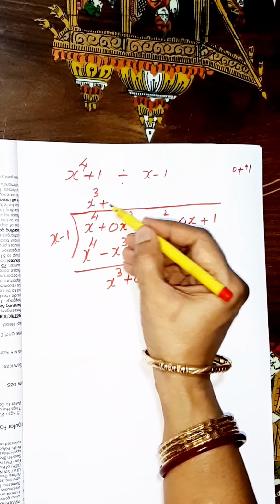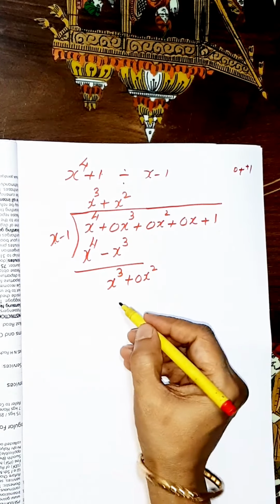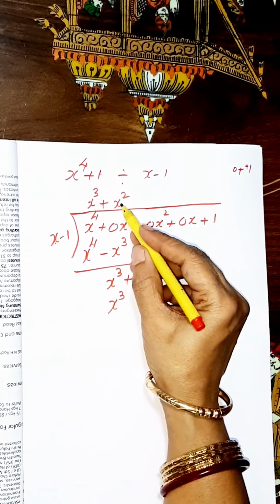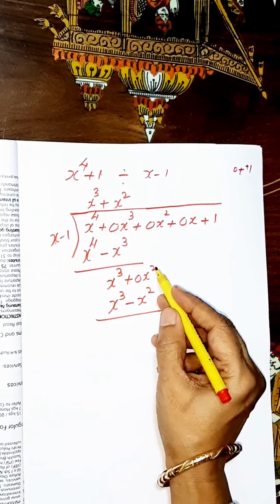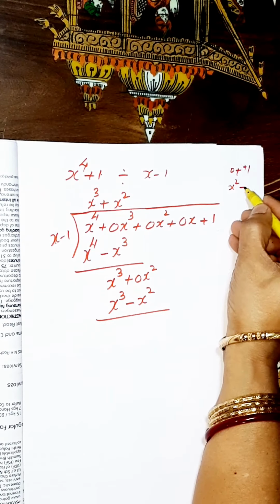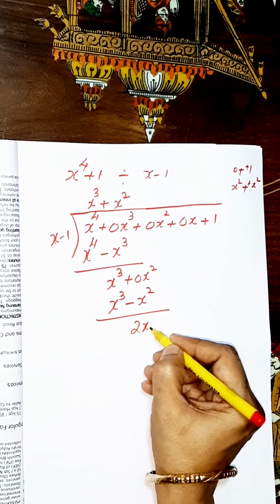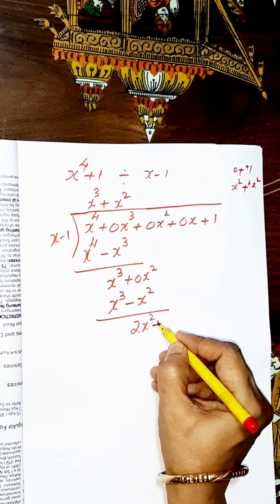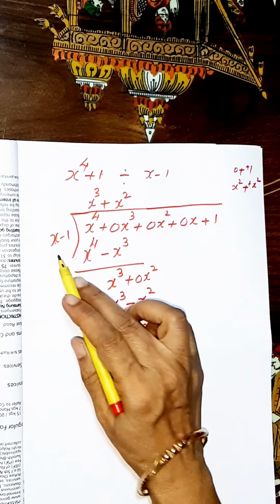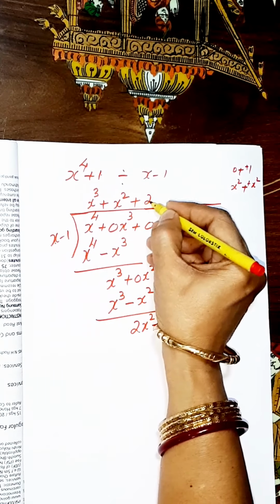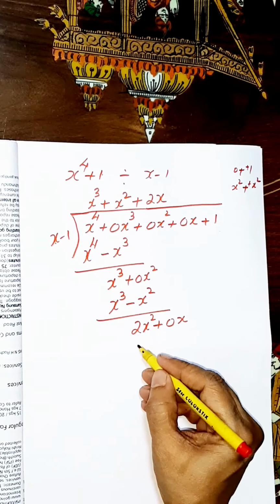Now we will multiply x into x squared, we will get x cube. So x cube, then x squared into minus 1 will become minus x squared. Again, x squared minus minus x squared, so plus, so it becomes 2x squared. Plus 0x, again bring this 0x down. Now we will multiply with plus x into 2x, you will get 2x squared.